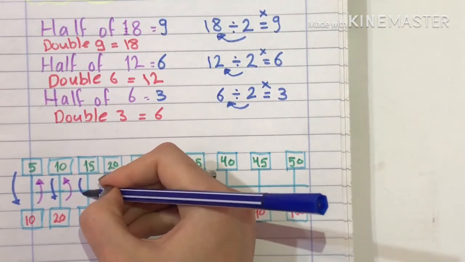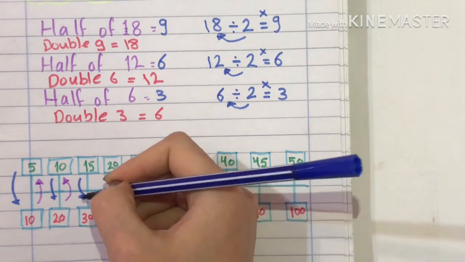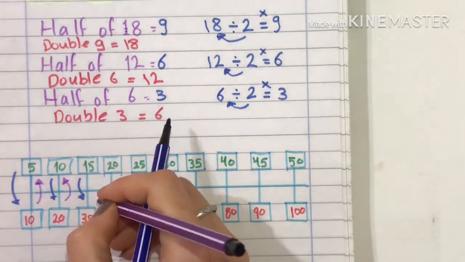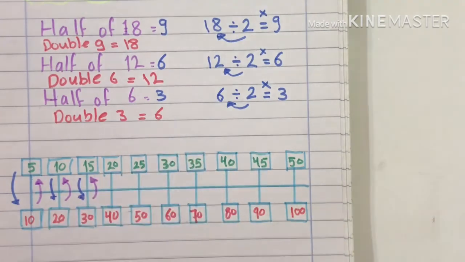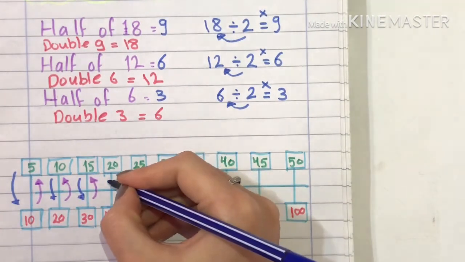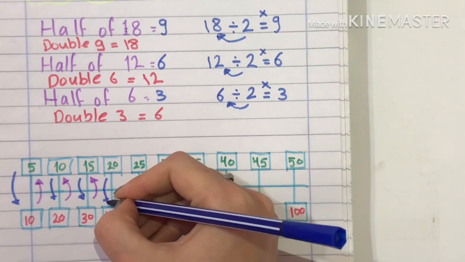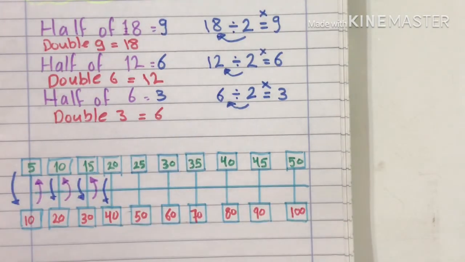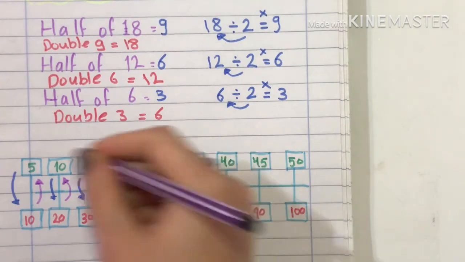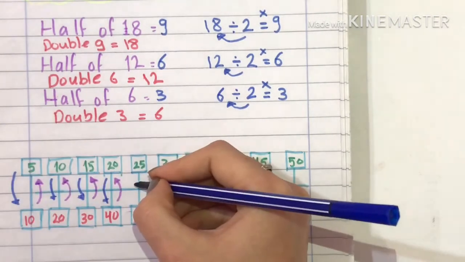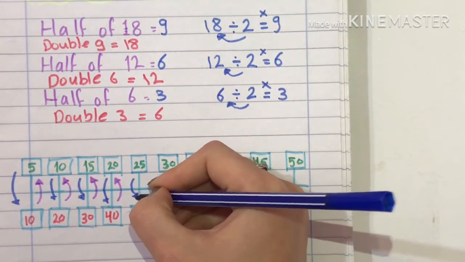Double 15, 30. Half 30, 15. Double 20, 40. And half 40, 20. Double 25, 50.